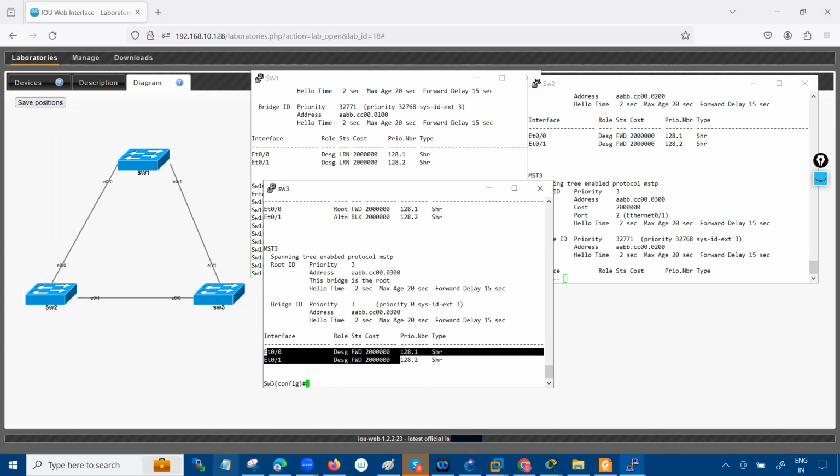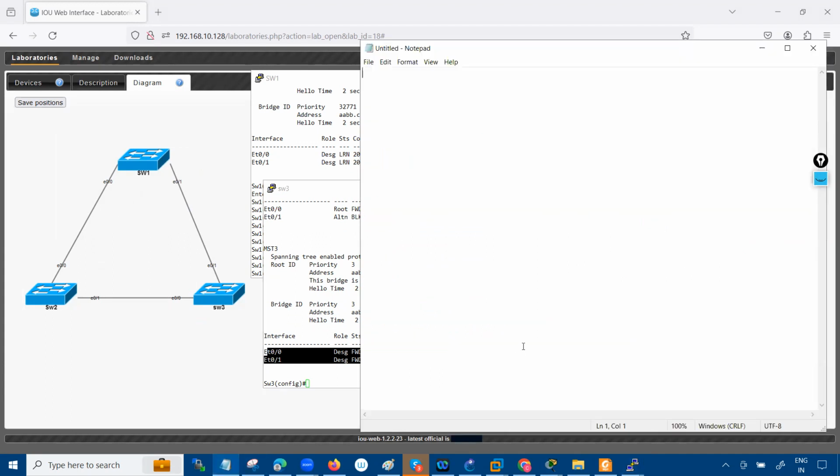Simple configuration, guys. Let me write on this thing. So RPVST, right? MSTP, or it's the MST as well. Spanning tree mode MST.